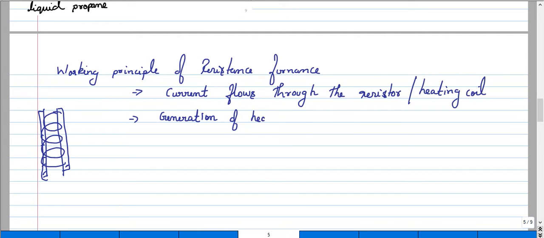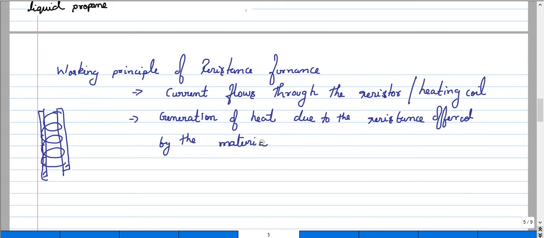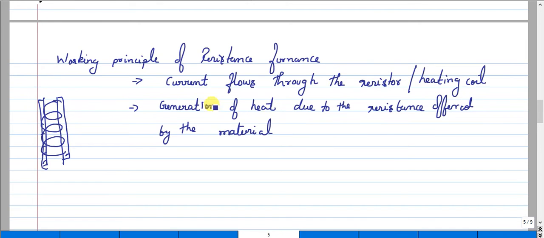due to the resistance offered by the material. This is the basic fundamental that you should know. It is a simple concept.